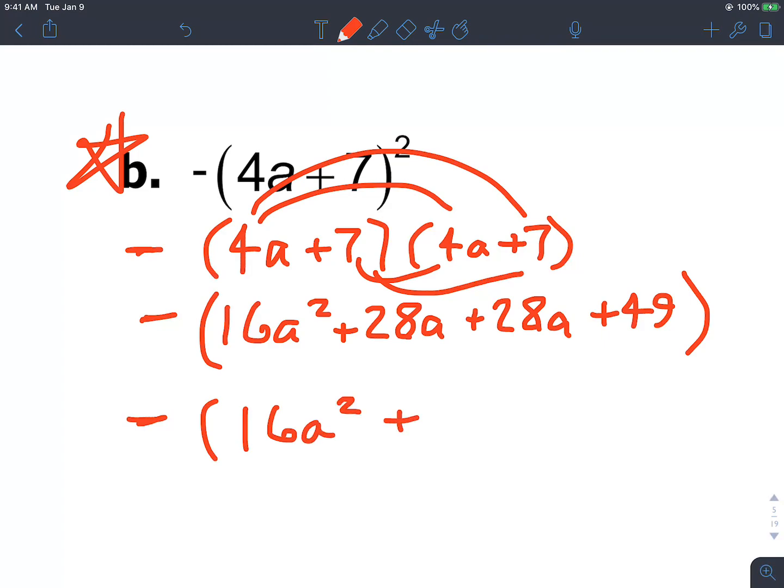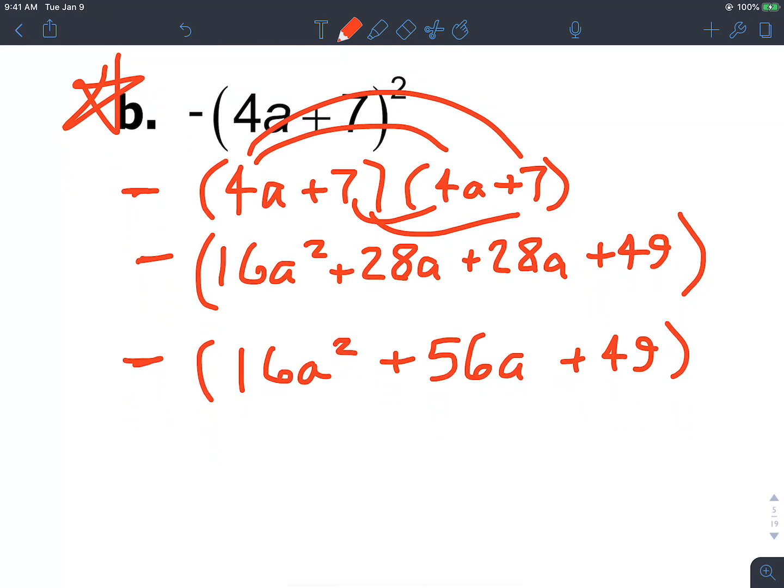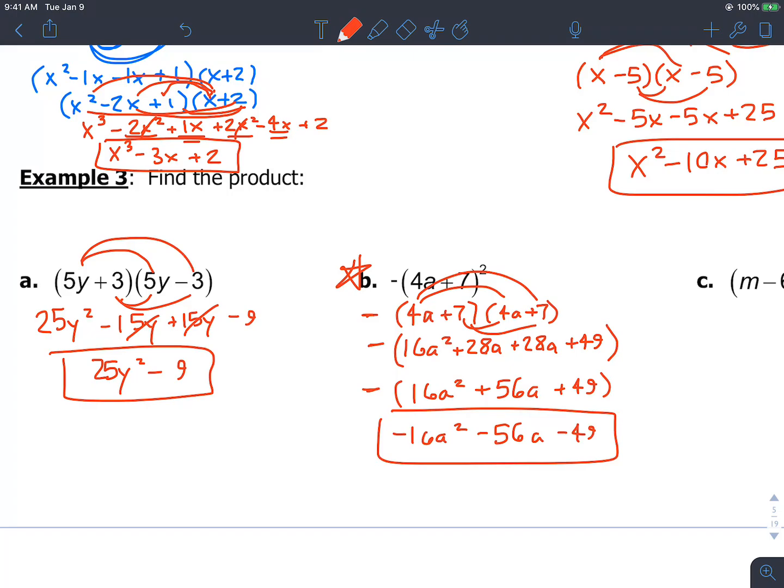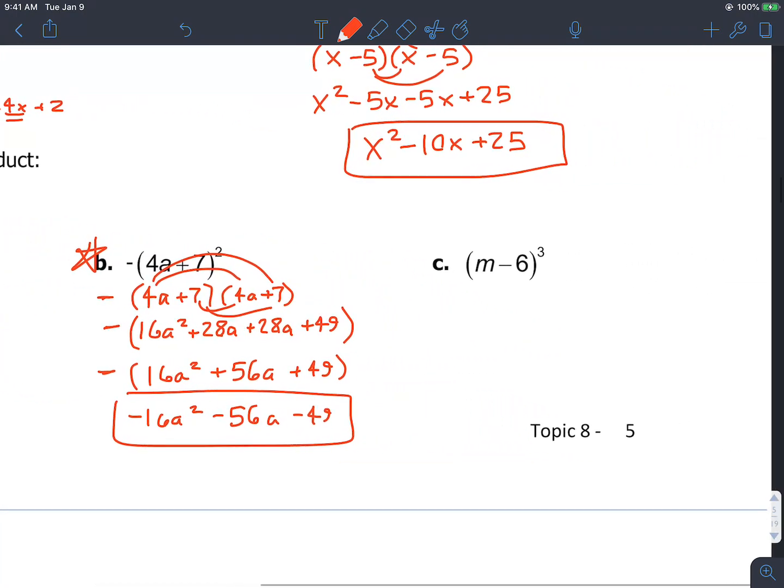Some people might choose to do this all together. You can if you want. I think that's 56a. And then distribute that negative all the way through, and that would be 16a squared minus 56a minus 49. And that is it there.